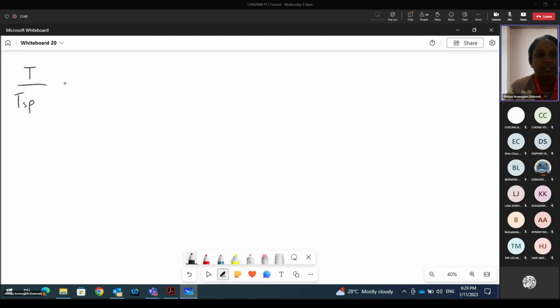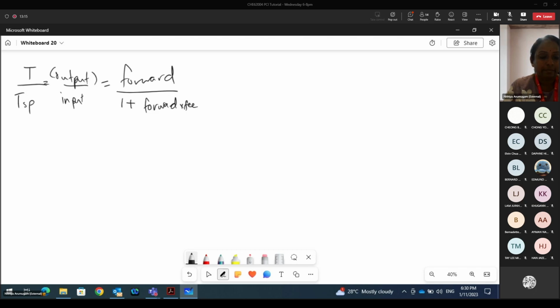The output over the input. So to get the output at the end, the T, it is actually the forward direction, and then the input here will be the set point, plus the feedback. So this will be for the set point value.